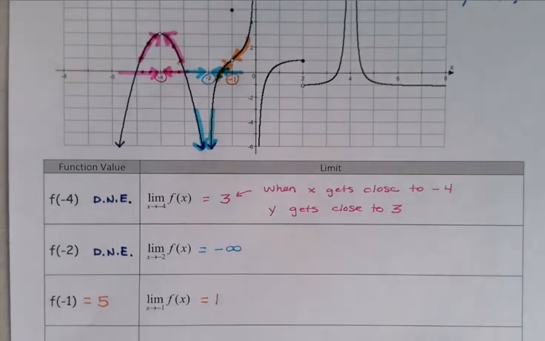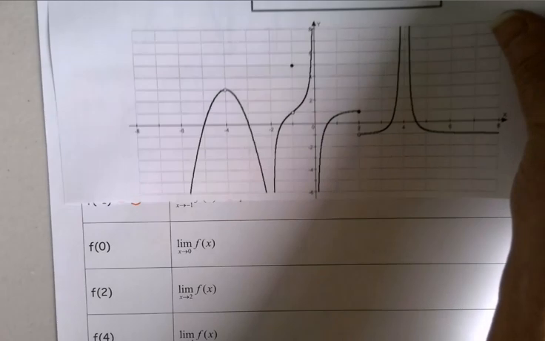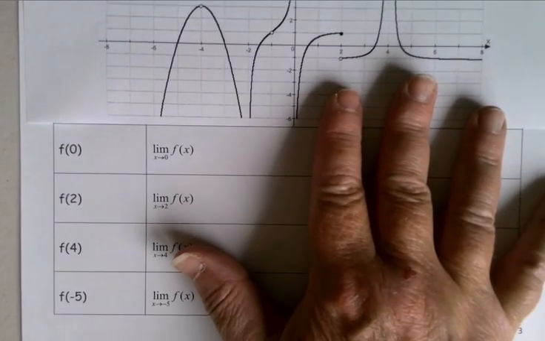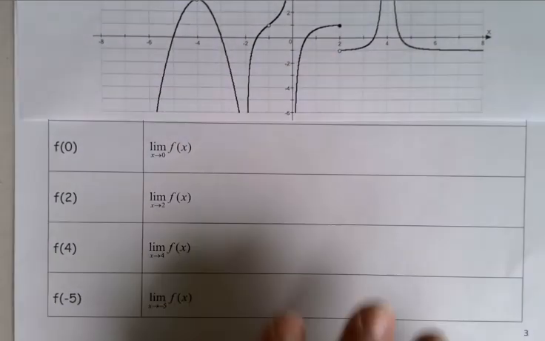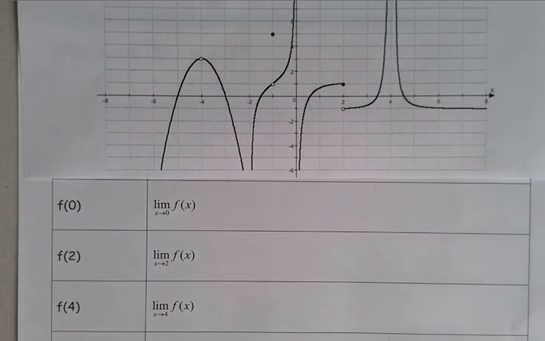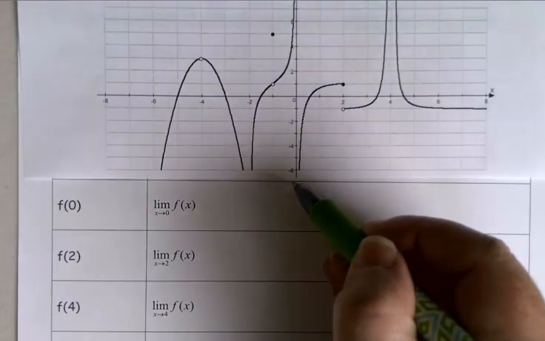All right, what happens at 0? Because this is going to get too far away for us, I've made myself an extra little graph here so we can see it as I move my paper up. At 0, it looks like we have another vertical asymptote.